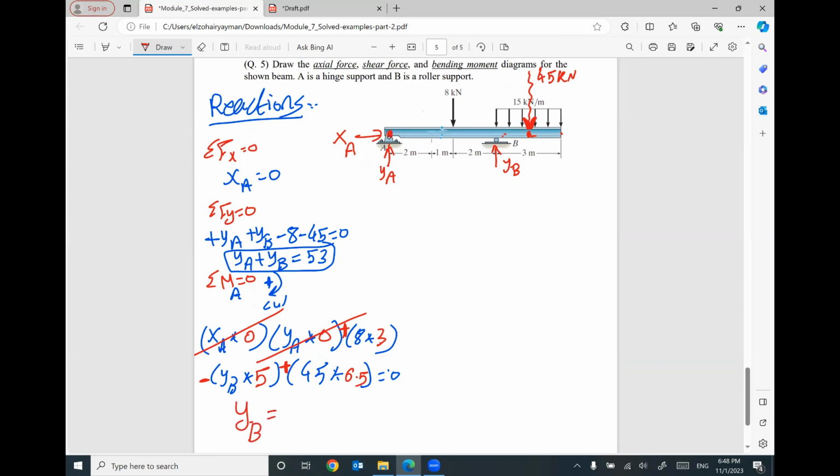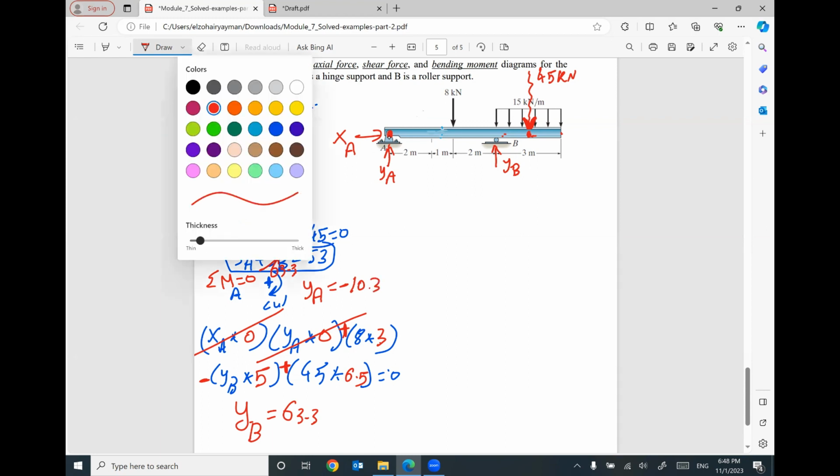So the reaction YB will be 63.3. If you go back here and put YB equal 63.3, I think YA will be negative 10.3.